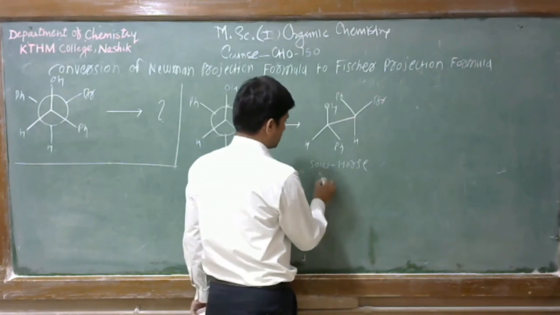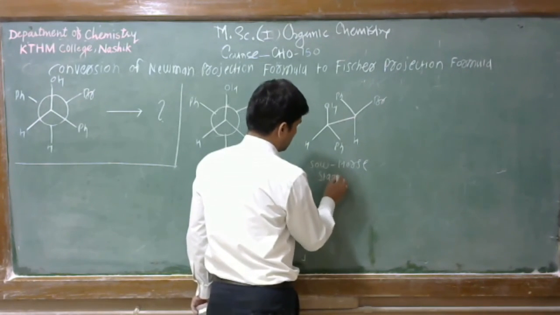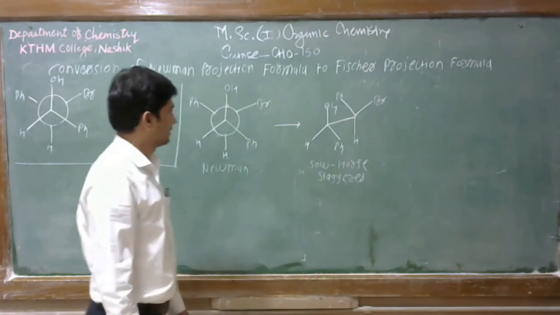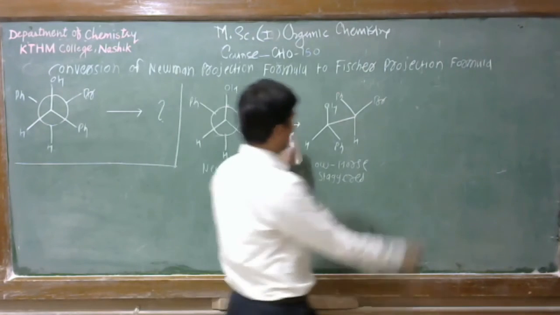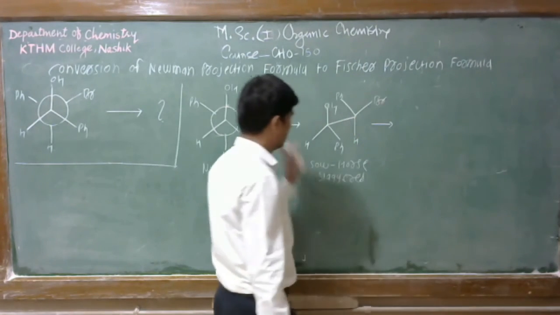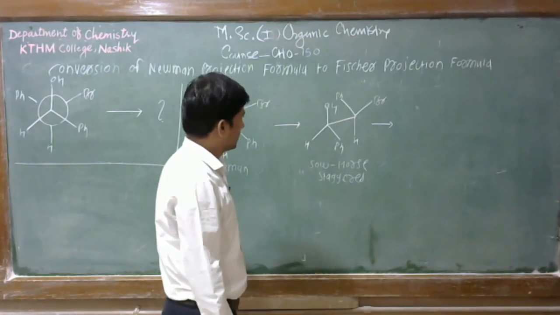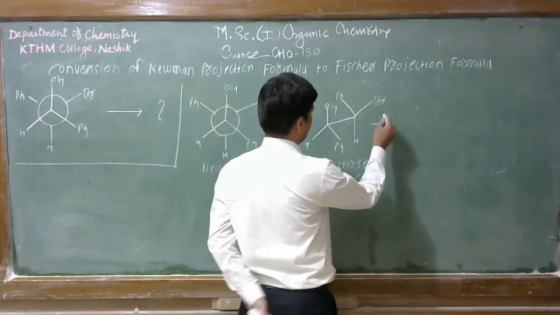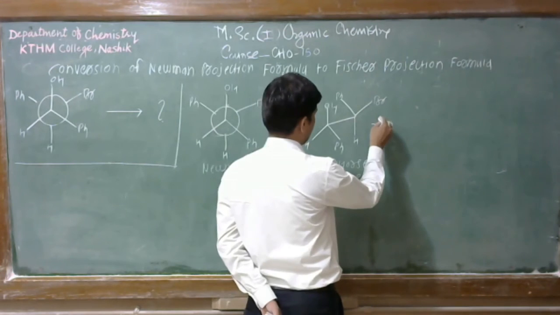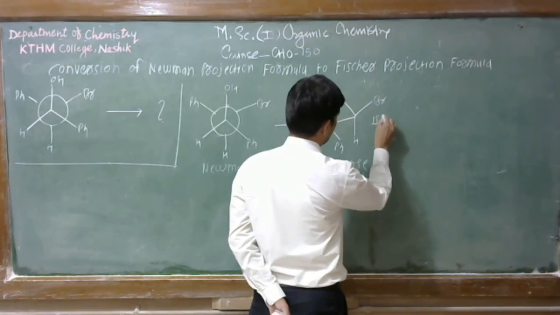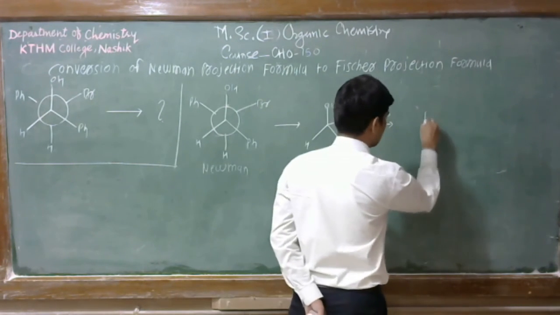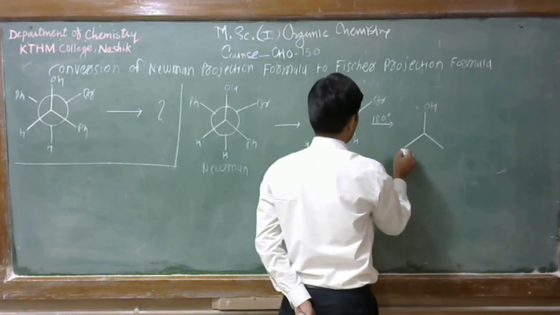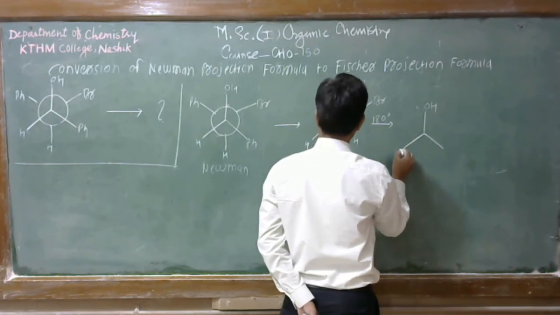This staggered Sawhorse form has to be converted into eclipsed form, because we know that Fischer projection formula is always found in eclipsed form. Therefore, we have to rotate this compound by 180 degrees. So this is rotation by 180 degrees. The stereochemistry on carbon number 1 will remain the same.